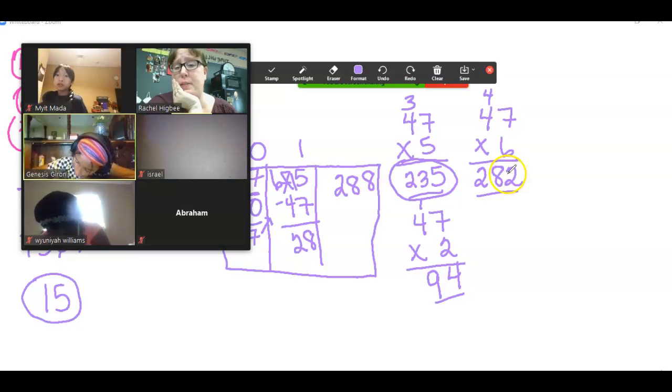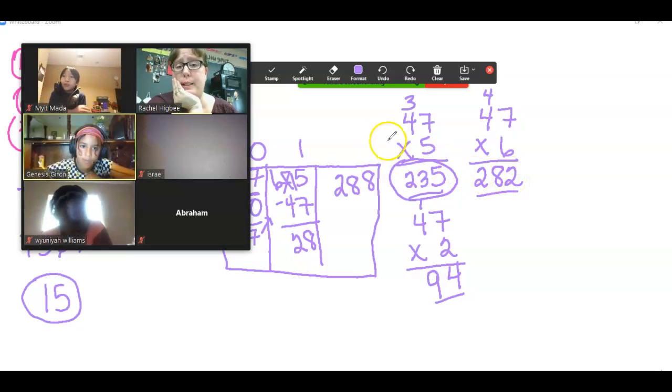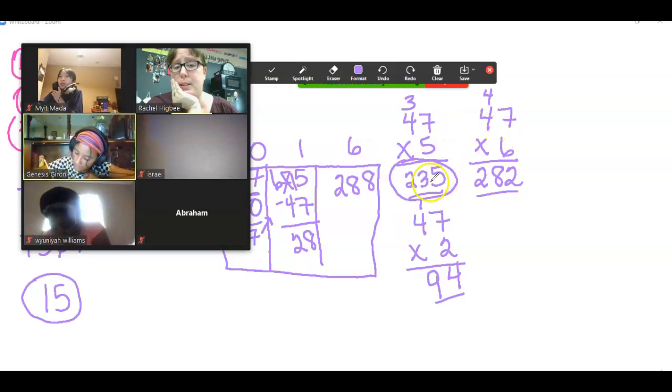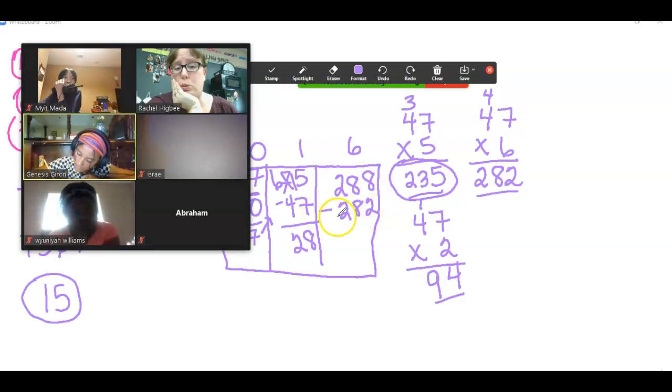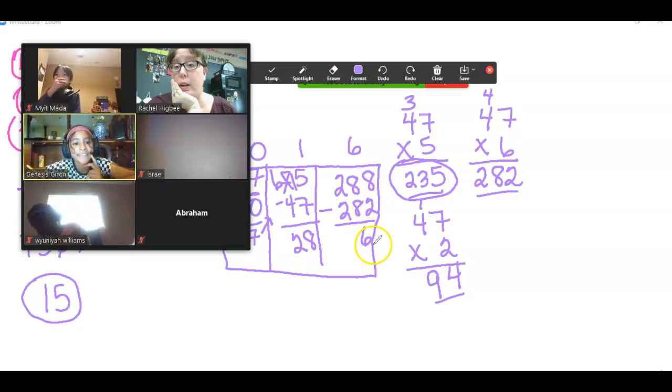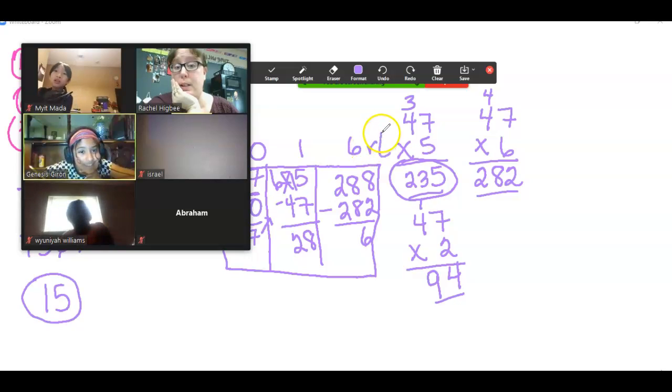Okay, so that tells me I'm going to have a remainder for sure. So this is 6 groups because 47 times 6 is 282. Okay, and if I subtract, that means that I have a remainder of 6.